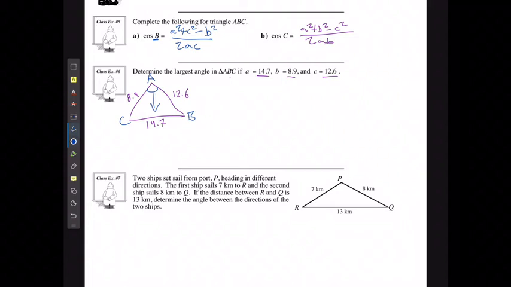So I'm going to say that cos of angle A is going to equal b squared plus c squared minus a squared divided by 2 times b times c.